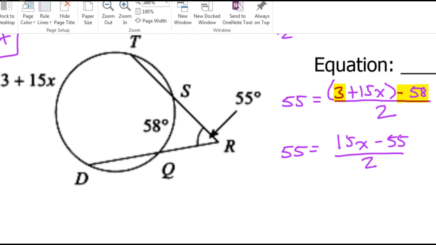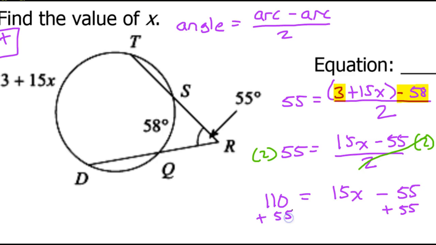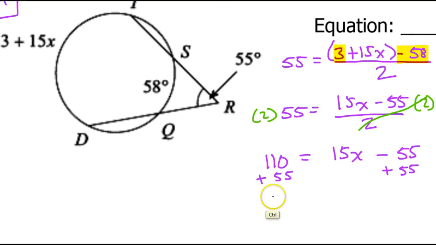Of course now we will multiply both sides of the equation by 2 so that we can cancel out the denominator. That's going to give us 110 is equal to 15x minus 55. Now it's time to add 55 to both sides. That's going to give us 165 is equal to 15x.